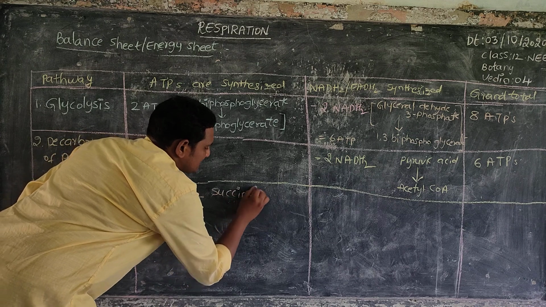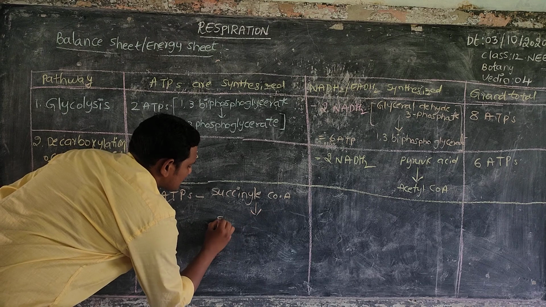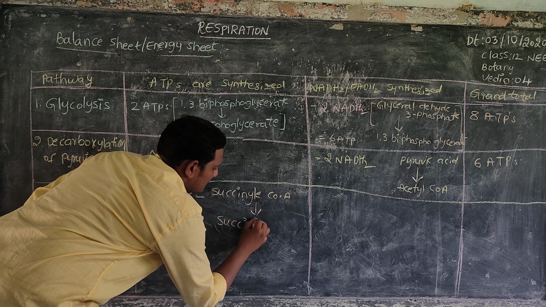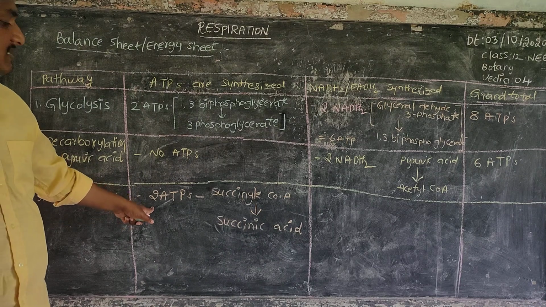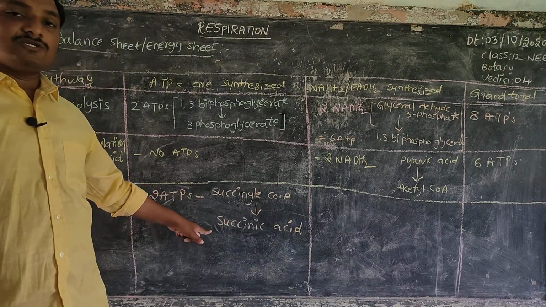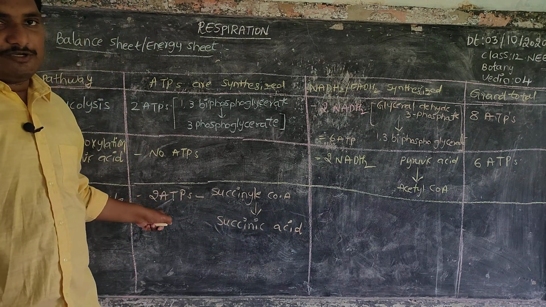Succinyl coenzyme A changes into succinic acid. Here we are getting 2 ATPs.